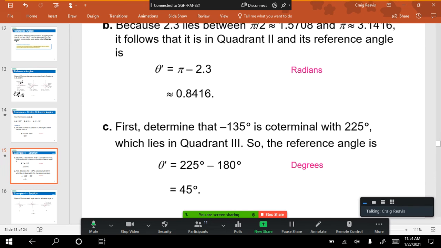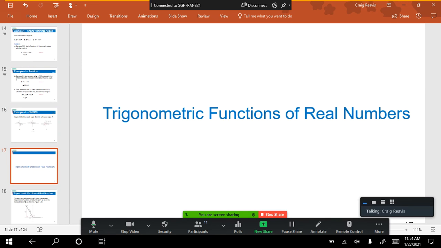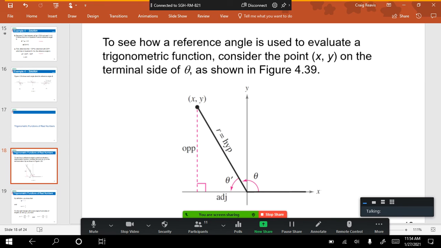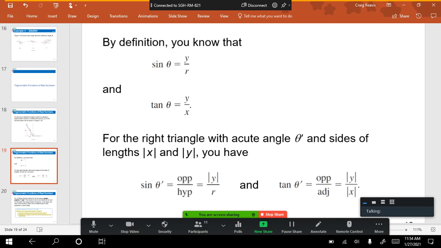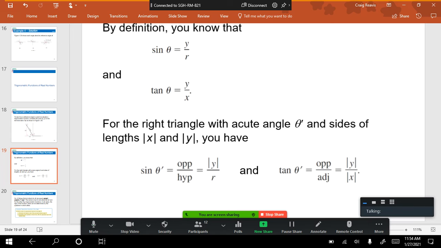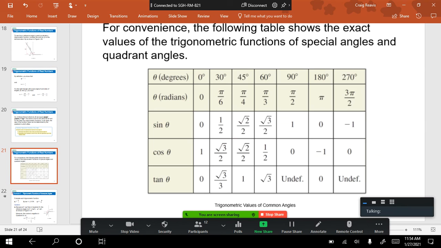You just got to know which quadrant it's in. And that's what we just did. All right, so that chart right there, that's basically what we have on our unit circle, and I suggest using that unit circle rather than this chart.